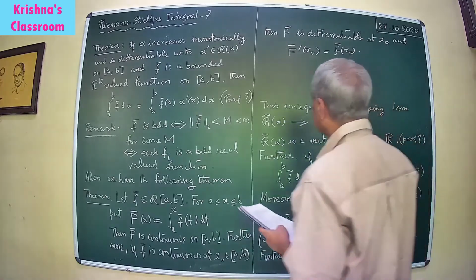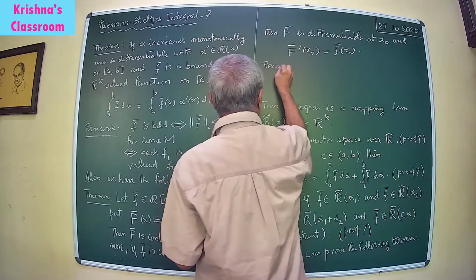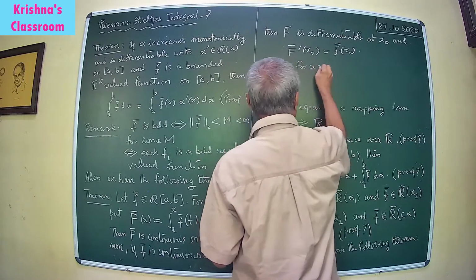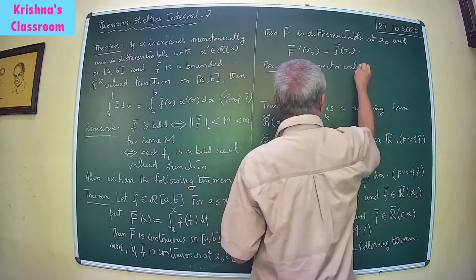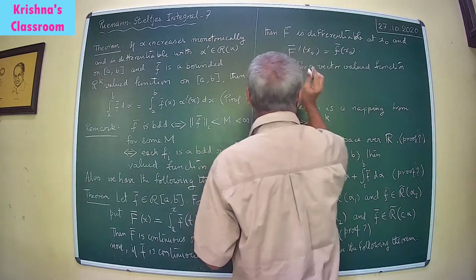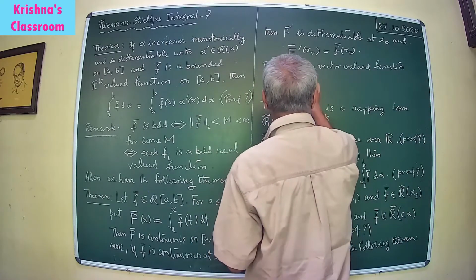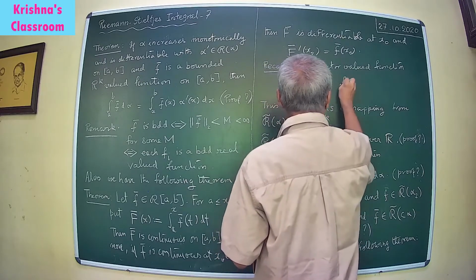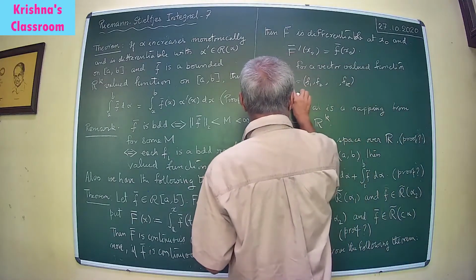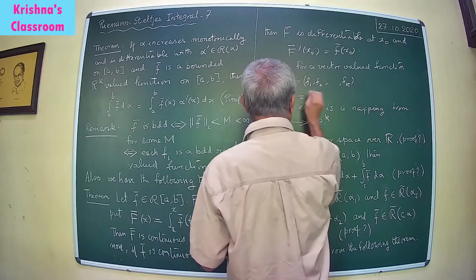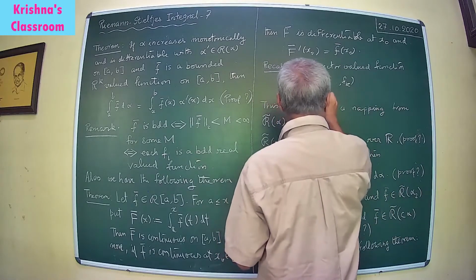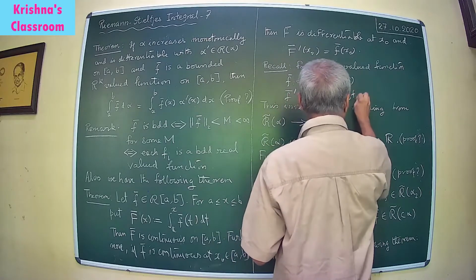Now one word about F bar prime. For a vector valued function F bar, F bar prime is defined as F1 derivative, F2 derivative, up to Fk derivative.